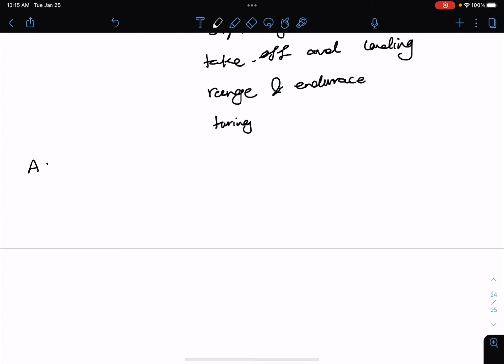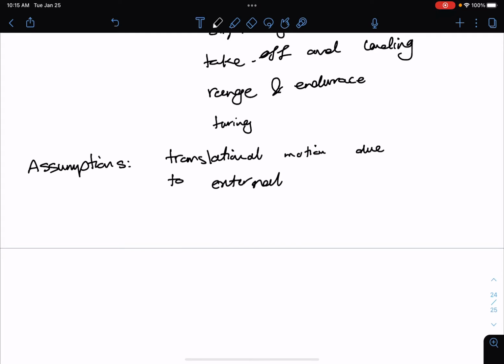What are the assumptions we are going to make here? We are going to assume that translational motion of the aircraft is due to all of the external forces that are applied to the center of gravity. So first assumption, all forces are applied to the center of gravity.